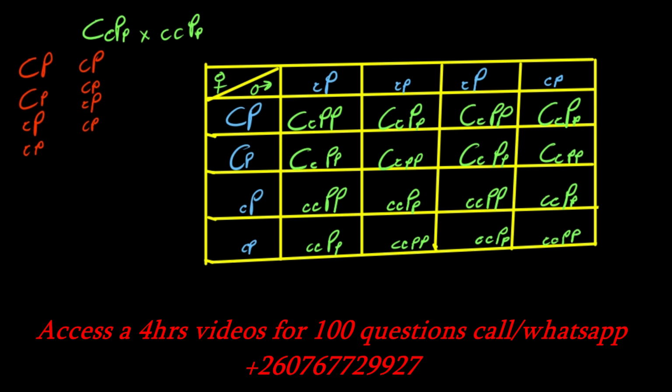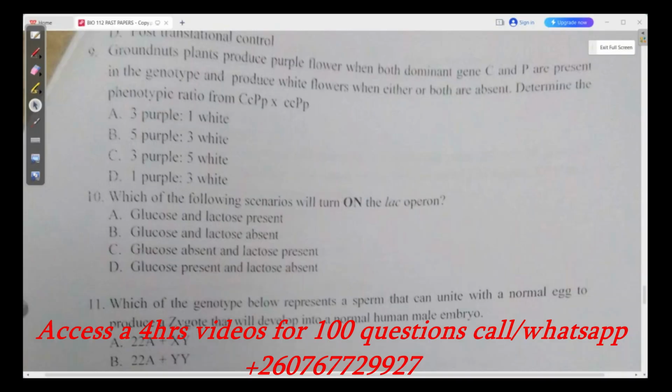So now we have to count. The statement here was saying the groundnuts produce purple flowers when both dominant genes C and P are present in the genotype, and produce white flowers when either or both are absent. Determine the genotypic ratio from this cross.